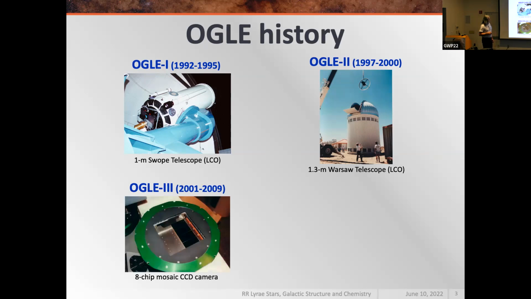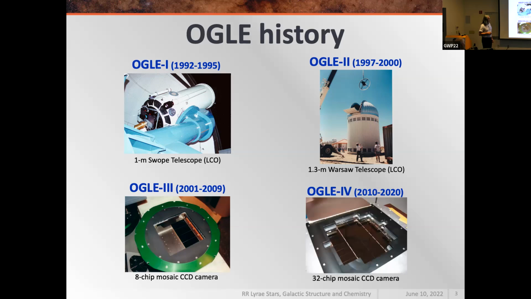Then in 2001, the Warsaw telescope was equipped with this 8-chip CCD mosaic camera designed and built by Andrzej Udalski, our leader, our boss. And then the third phase of the OGLE project started.